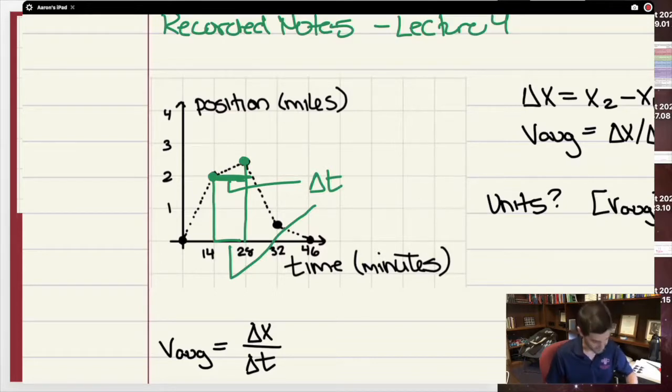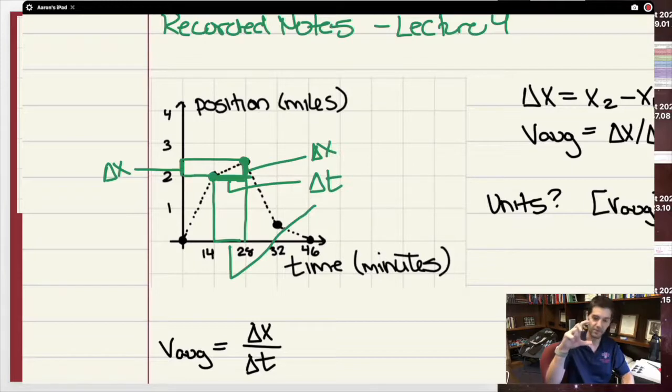Delta x in this case corresponds to the displacement, or how the value on the vertical axis has changed. So the position started here and it ended here. So this corresponds to the displacement, the change in the vertical axis in that case.